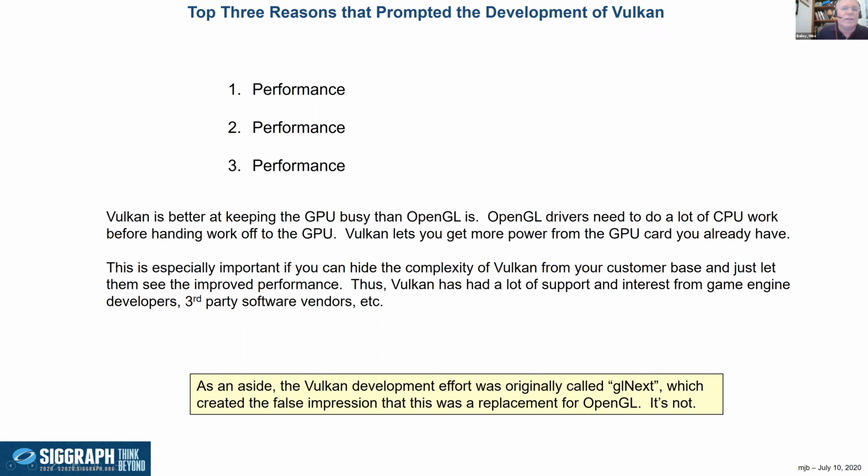OpenGL is great. It's been around for over 20 years. Many pieces of software have been written around it, but OpenGL is really easy to use, really friendly. And as such, it's got a lot of internal checks, and it's doing some things for you, and it's kind of guessing at what you have in mind. And as such, it's incurred a lot of inefficiency over the years.